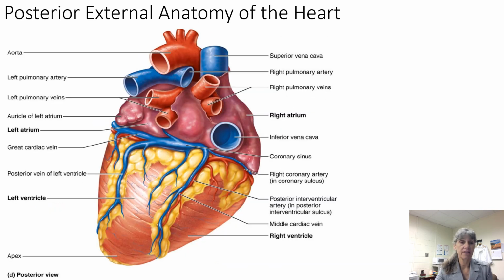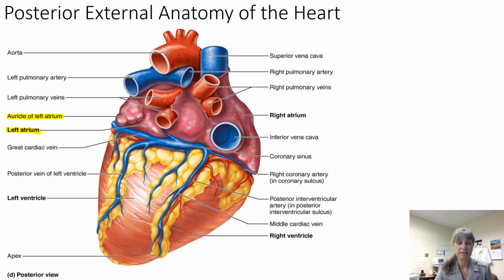Here are the external structures when we look at the posterior surface of the heart. And again, this time, since we flipped it around, here's the left atrium, and they're also pointing out the auricle of the left atrium.